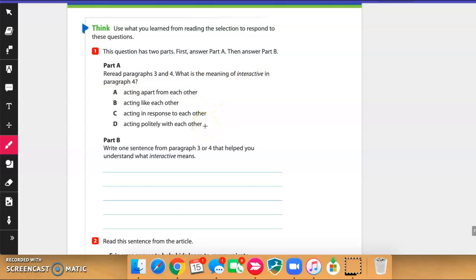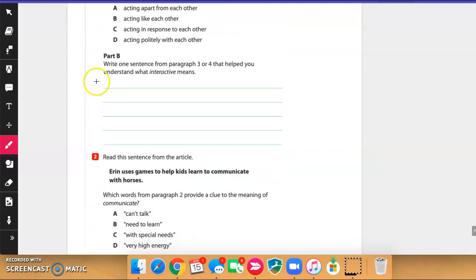Choose your answer. Part B, write one sentence from paragraph 3 or 4 that helped you to understand what interactive means. So you can pause the video now, write your answer. You should look back up in the paragraph 3 or 4 to find your answer and write that here. You can pause the video to complete this answer.